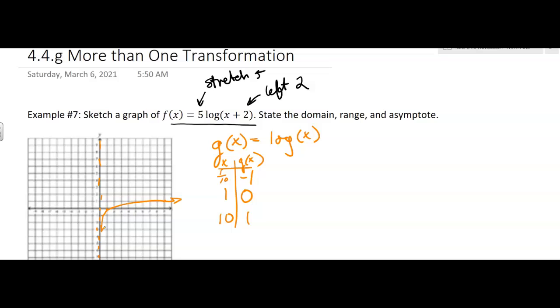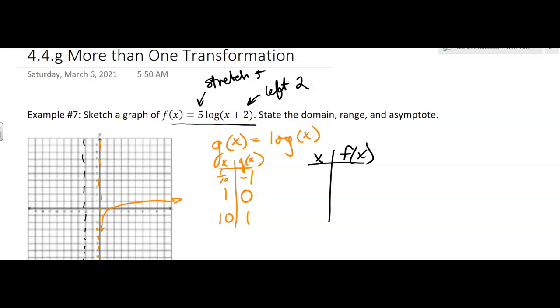Okay, now let's think about a table of values for f of x then. So we have a stretch of 5, but remember we're also going to move the whole thing to the left. So the asymptote's going to be back here. Okay, so there's the asymptote. And then I can think about my x-intercept, right?